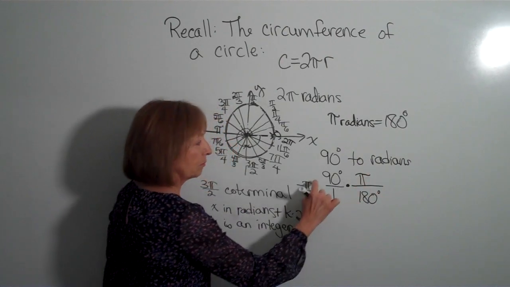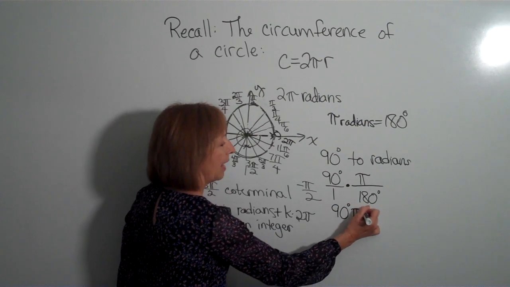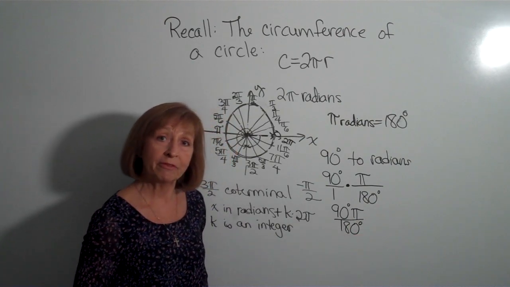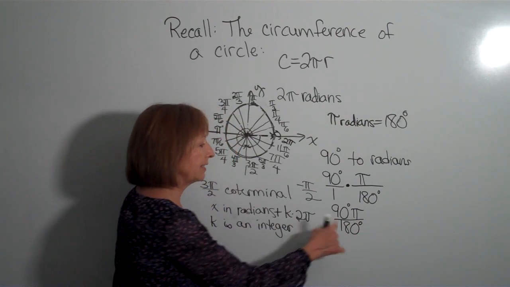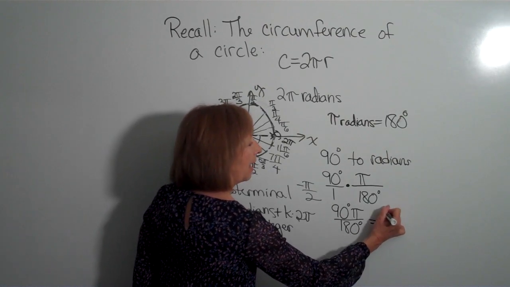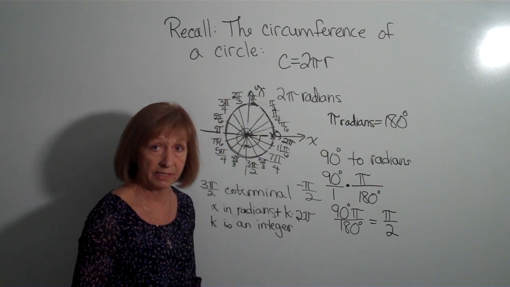Now I can multiply across the top, multiply across the bottom, 90 degrees times pi over 180 degrees, and then remove common factor pairs. Well, 90 degrees divides into 180 degrees 2 times. So I get that it's pi over 2 radians. Exactly what we knew we were supposed to get.